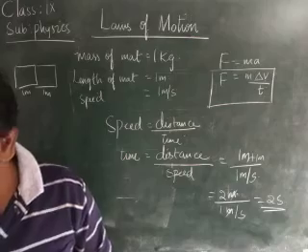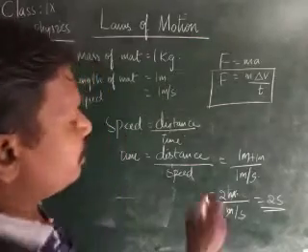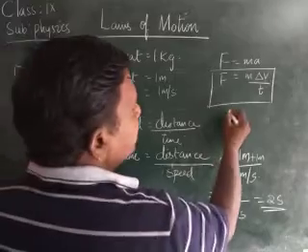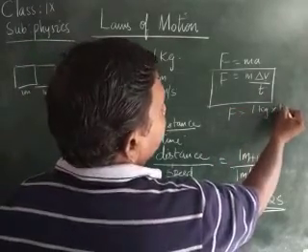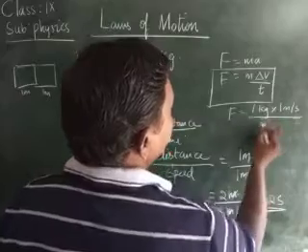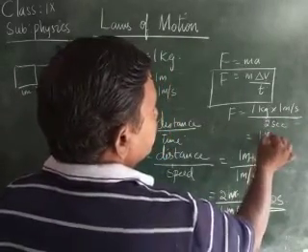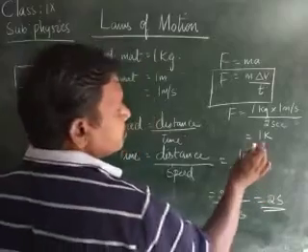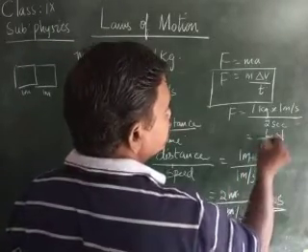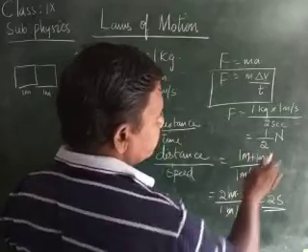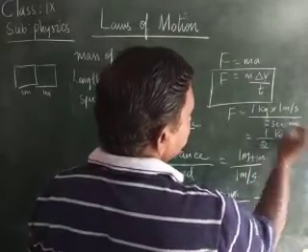Therefore, by substituting this in the formula, we get F is equal to 1 kg into 1 meter per second by 2 seconds. That is 1 by 2 kg meter per second square.